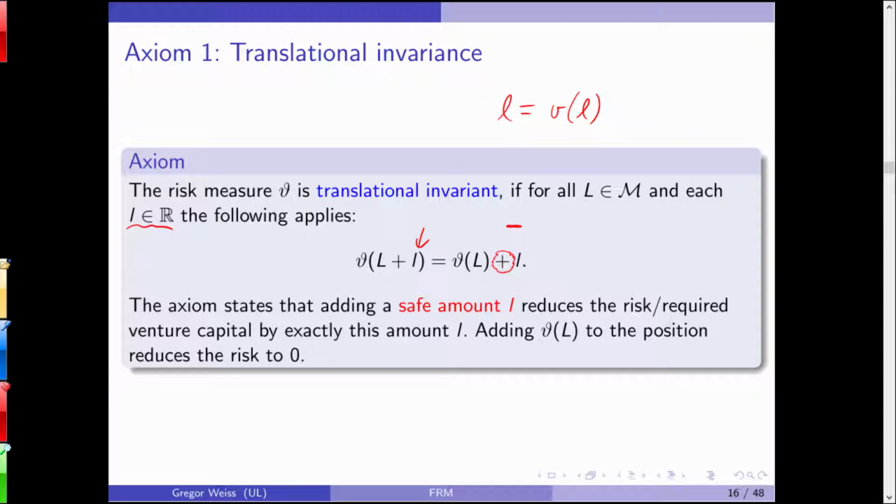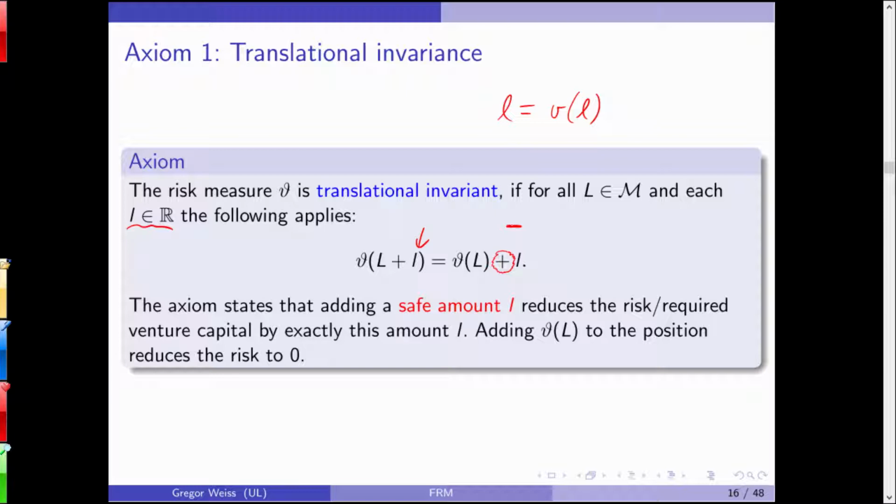It means if you have risk, and this risk needs to be hedged with a risk capital amount of nu of L, and you put a safe amount of money into this portfolio, the total required risk capital is reduced by just and exactly that amount, and not by more and not by less.